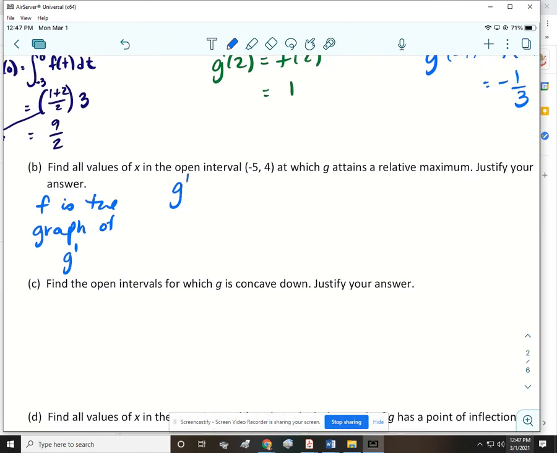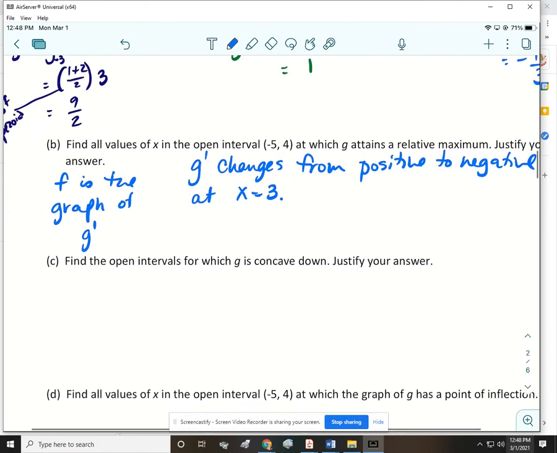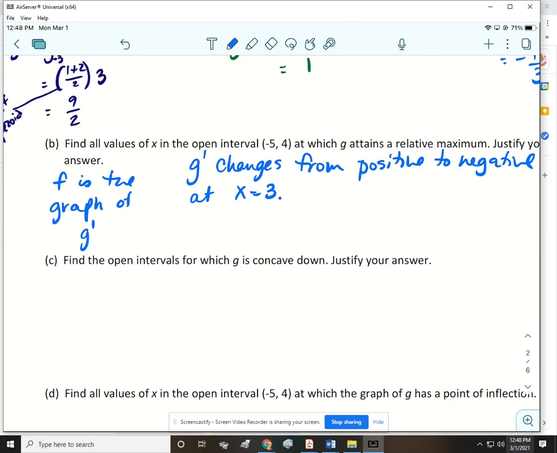So G prime changes from positive to negative at x equals 3. Now you can't really just say the graph, because you could be talking about the graph of G. So you have to be specific. If you did say F changes, that's also right. For me, it's easier to think about it as G prime.